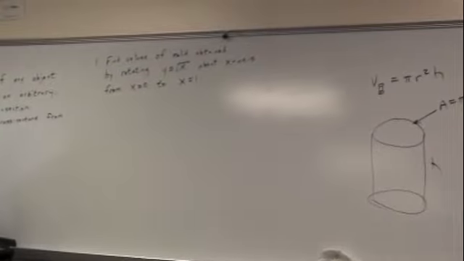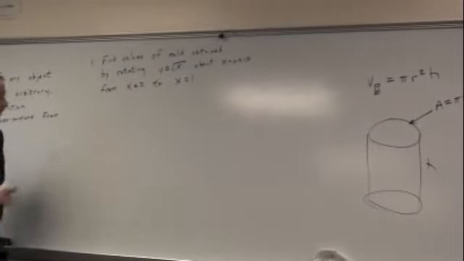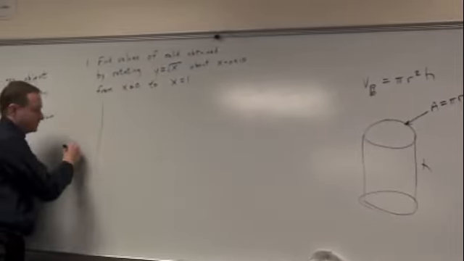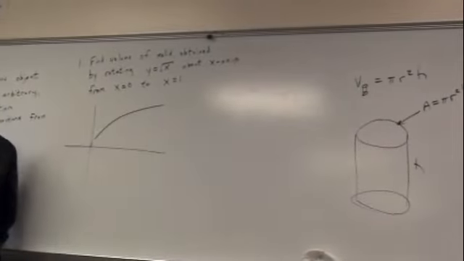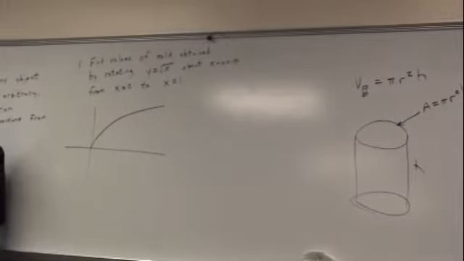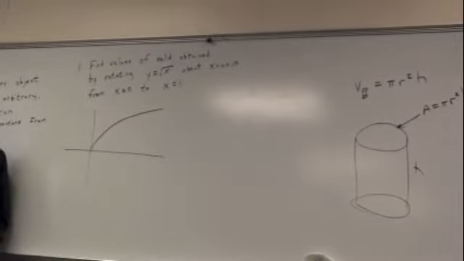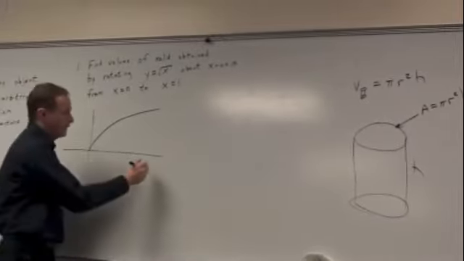So when I think about this, I draw my square root function. The square root function looks like a half parabola there. So this is from 0 to 1, and I'll go ahead and label it here.